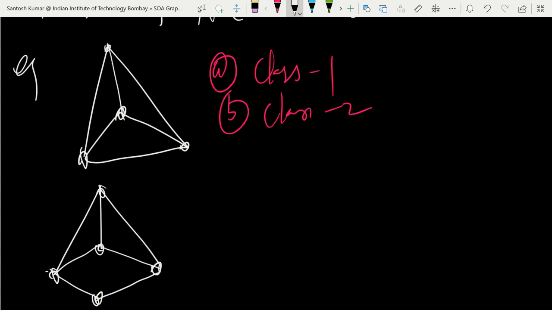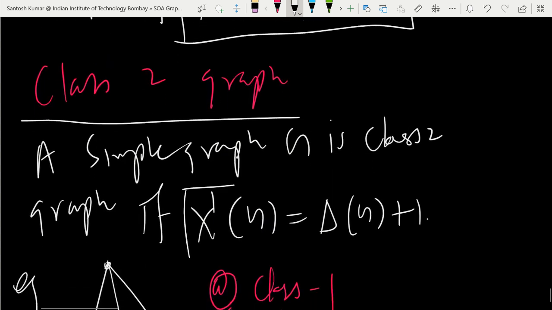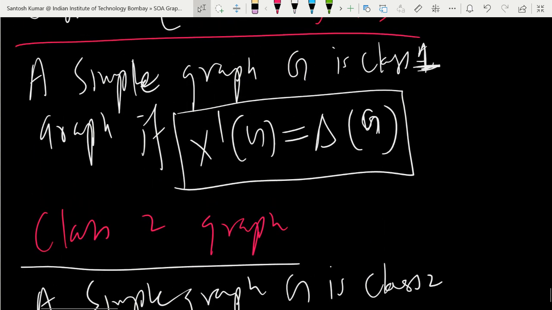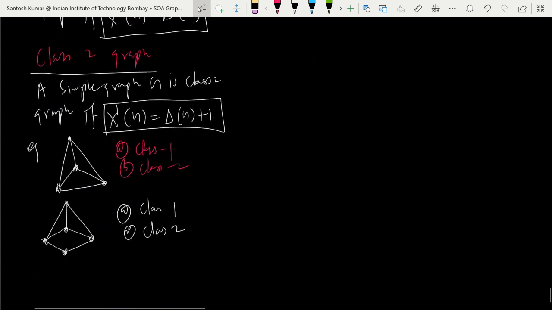What about this? Is this class 1 or class 2? You see the definition. If chi dash G is equal to delta G plus 1, then it is class 2. If chi dash G is equal to delta G, then it is class 1. Now you decide and tell.